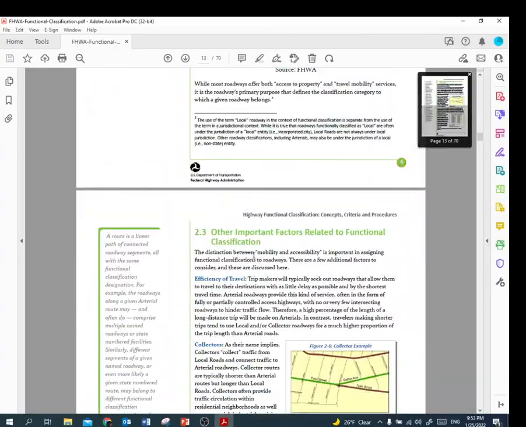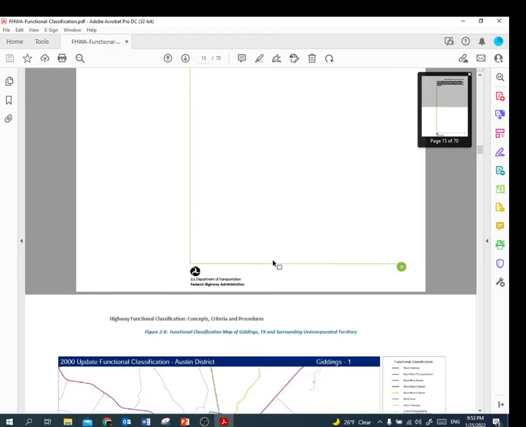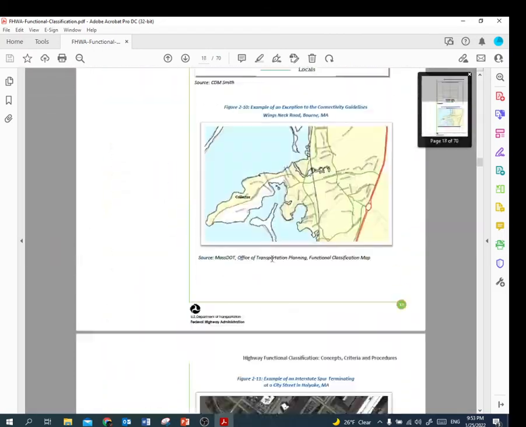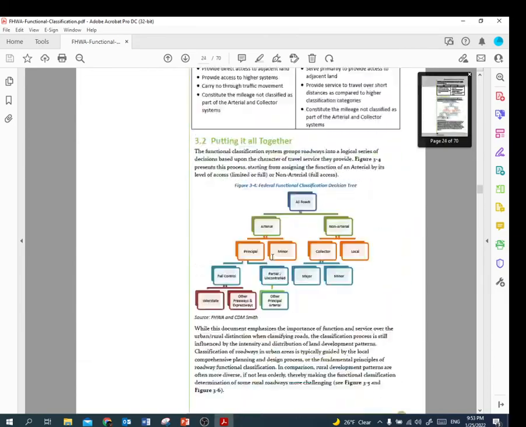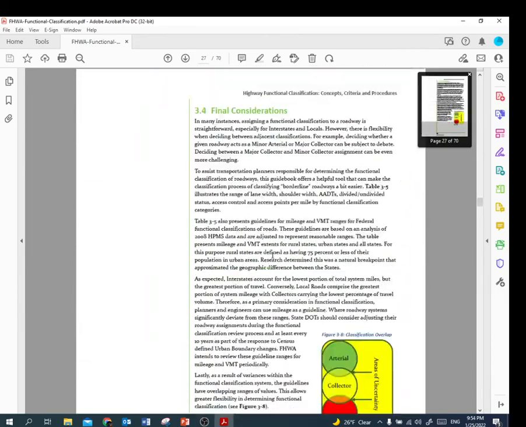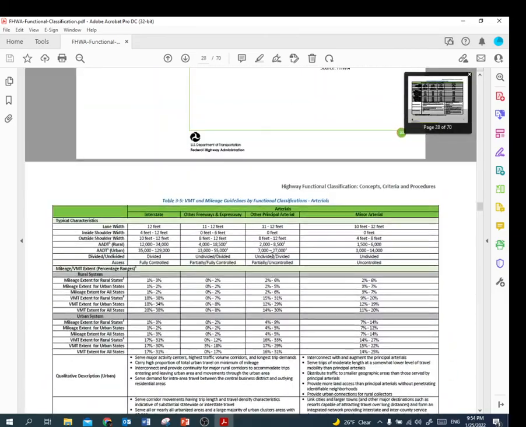It's a table, and this is the two tables. One is for arterials. Start here with interstate, other freeway, so all these are principal arterials.